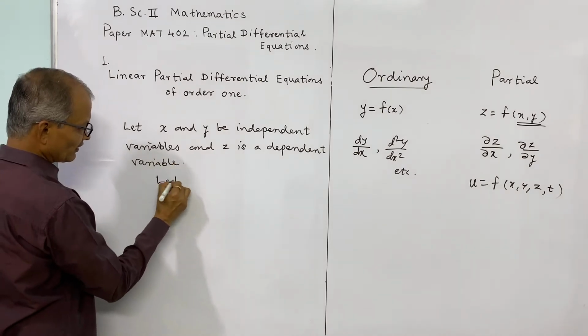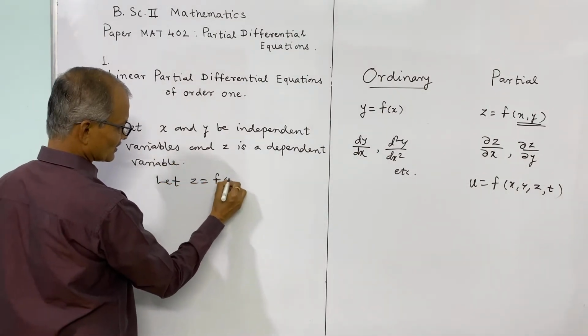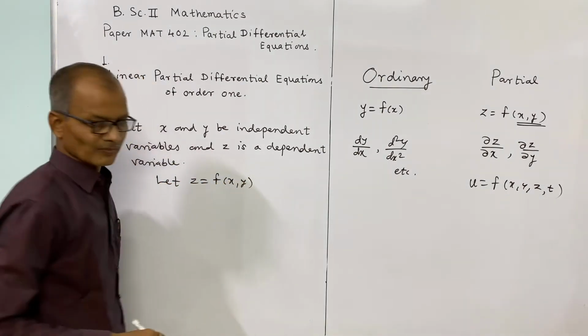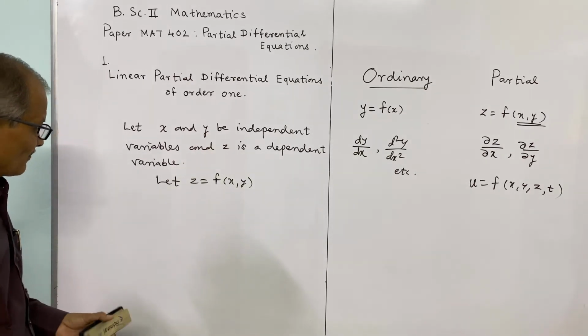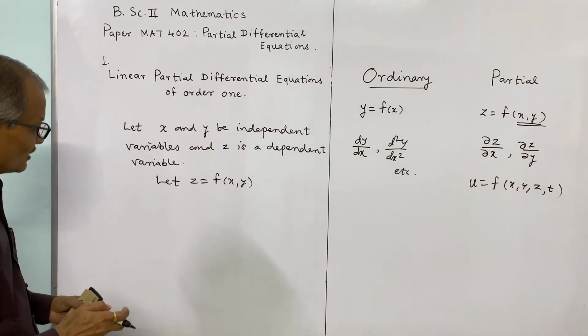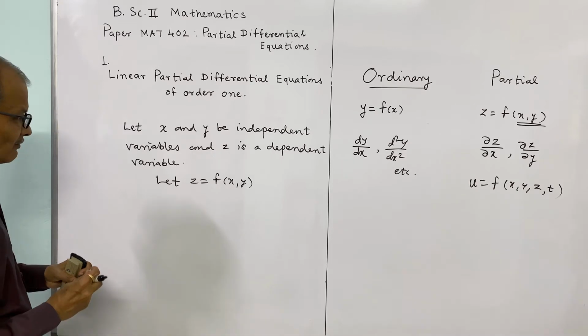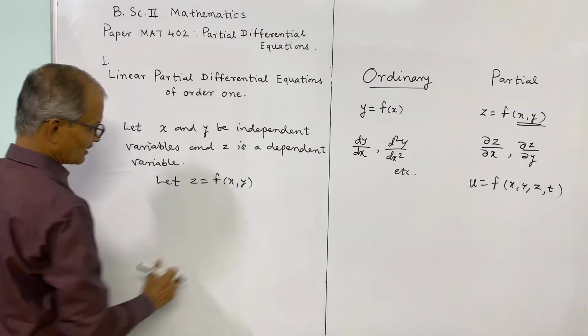Let the relation between these be z is a function of x and y. Z depends on x and y. Now we denote the partial derivatives of z with respect to x and y as follows.